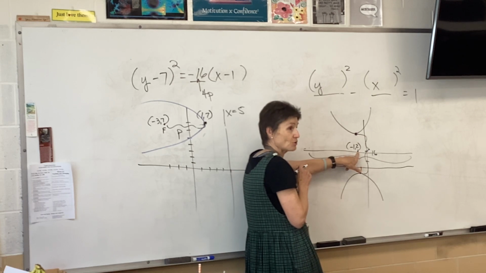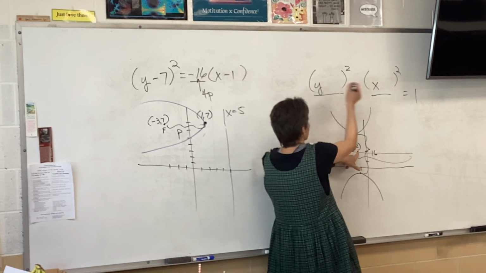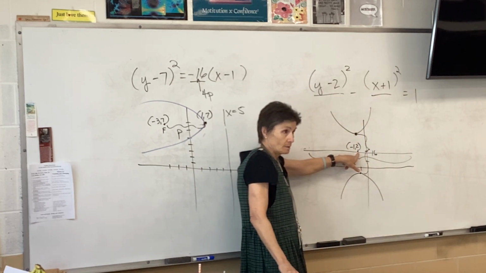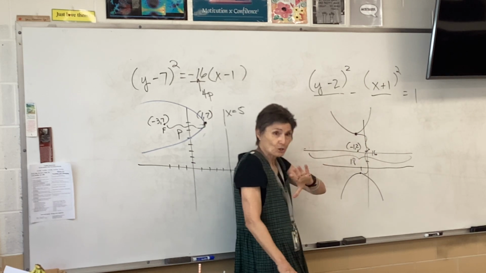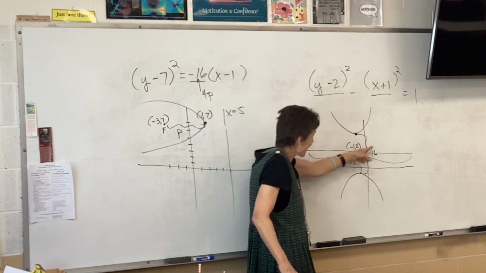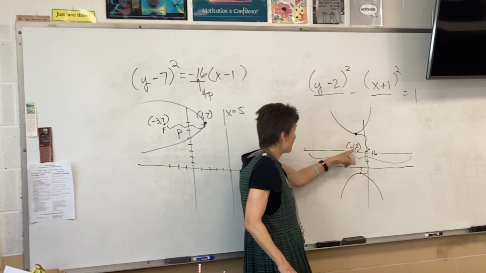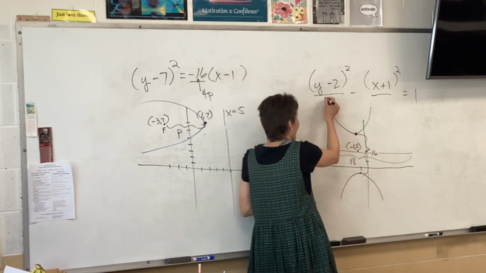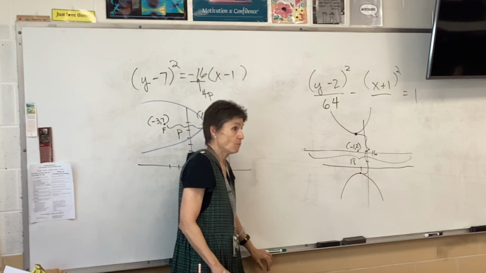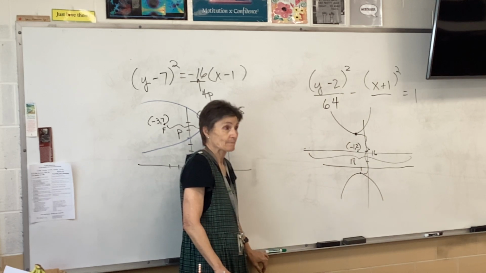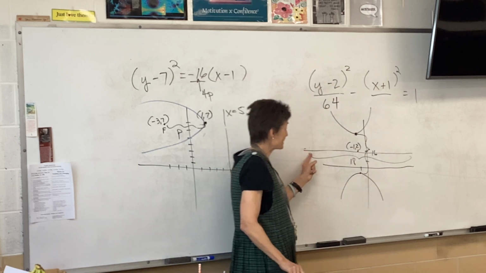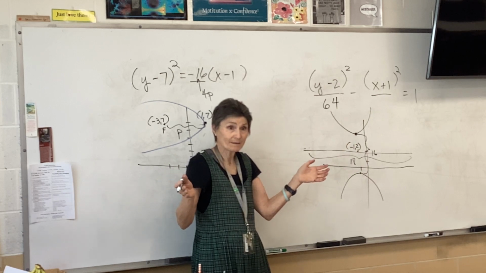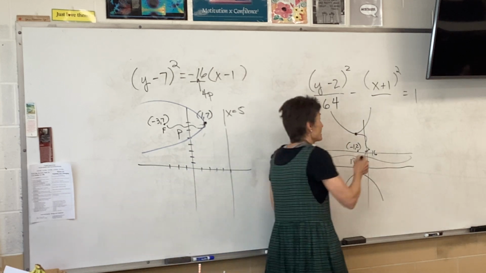Since I know my center, I'm going to have X plus 1 and Y minus 2. Agreed? Now, Jacob, you have figured out that because that axis is 16, I must be going up and down 8, which means under Y must be a 64. And I'm going sideways, well, the whole thing is 18, so I'm going back and forth 9. So under X is 81.